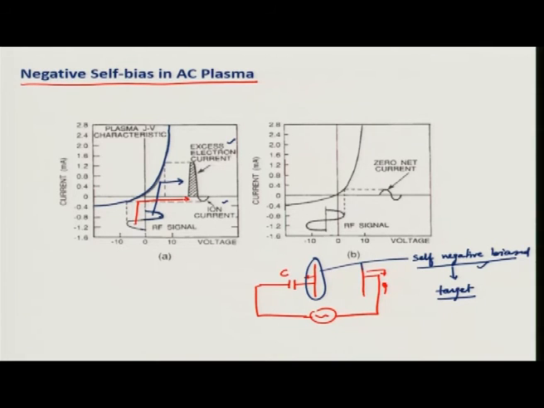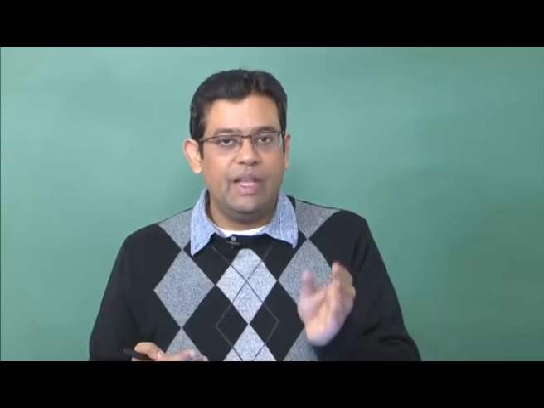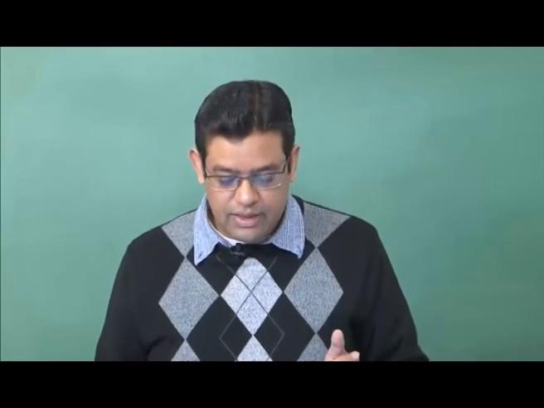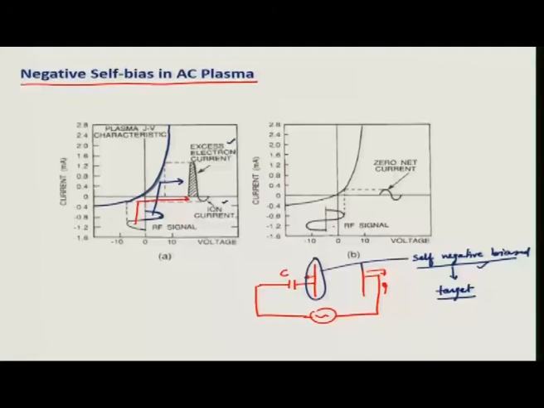Now, since more electrons are bombarding that electrode, over a certain time it will develop a negative bias, such that when it becomes slightly negative, with my RF signal applied on top of it, both currents become equal.